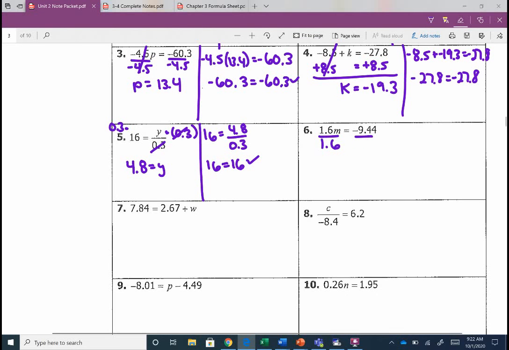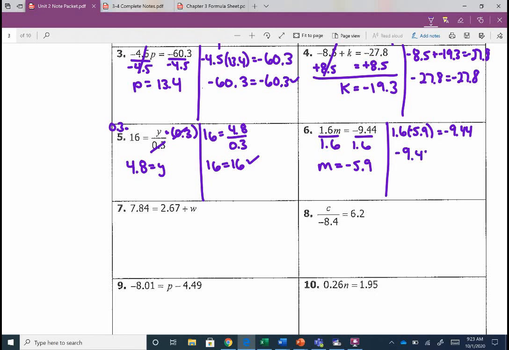M equals negative 5.9. I put it in and I check. 1.6 times 5.9. I forgot my negative. There we go. And the two sides are equal. All right, we keep rolling.